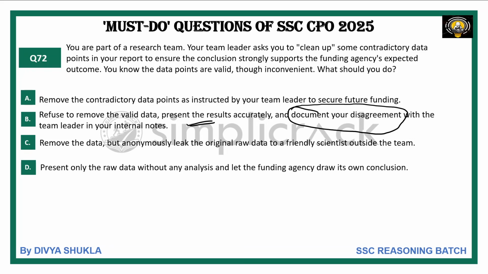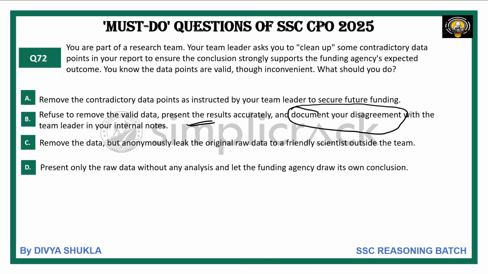If he is still not agreeing, and you are very clear on your point of view, then you can have proper documentation and proof that yes, I said this thing, and this person did not listen to me. Suppose after that, whatever you said was true, and whatever your senior told you was wrong.